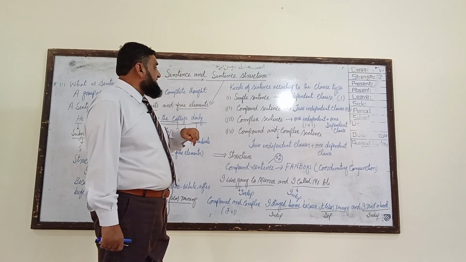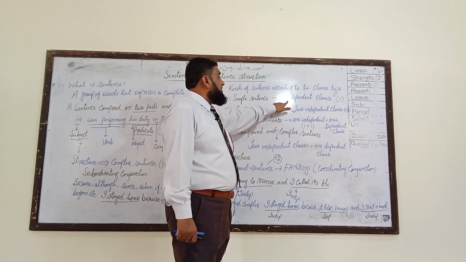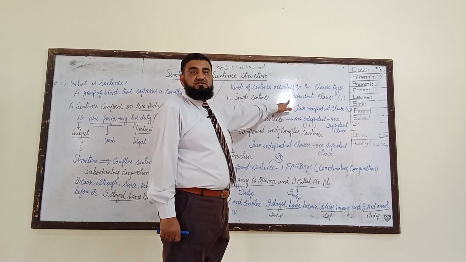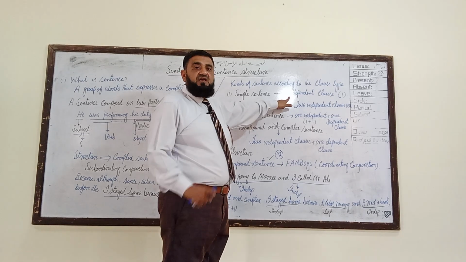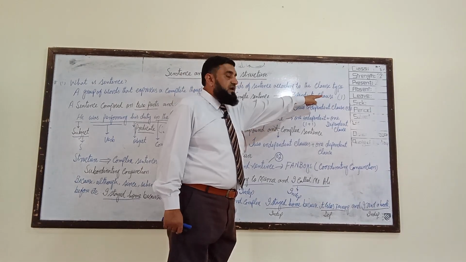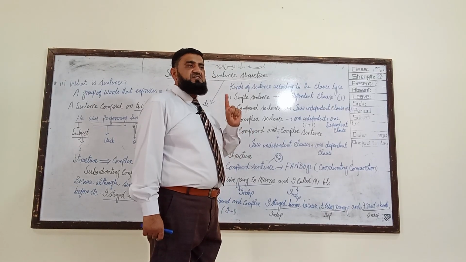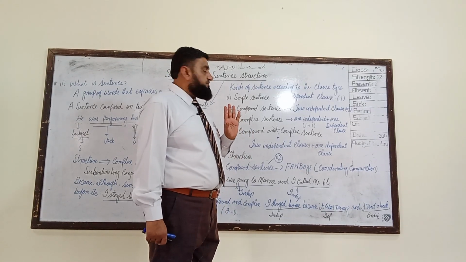What is the basic structure? A simple sentence will be composed of one independent clause. So the formula is one independent clause. There will be one clause and that clause will be independent.